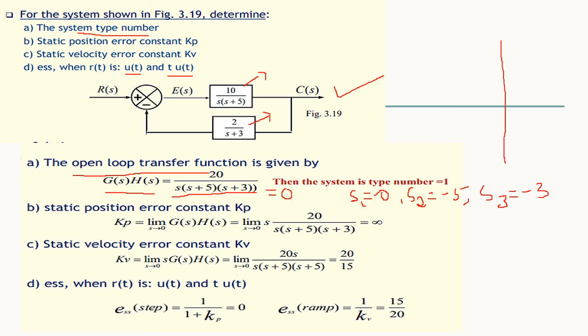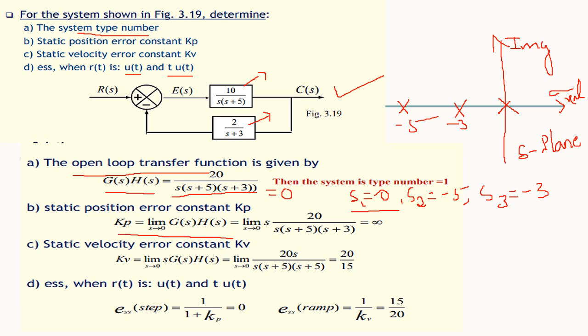If I draw the S plane, there is one pole at 0, that is S1 equal to 0, another pole at minus 3, and another pole at minus 5. This is sigma, the real axis, and the y axis is the imaginary axis.